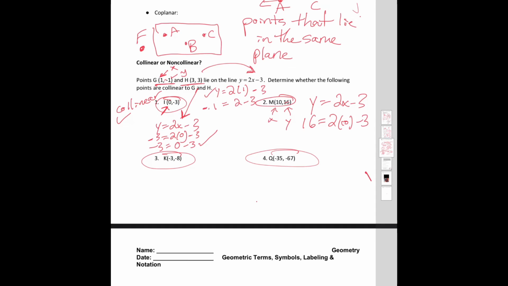So 2 times 10 is 20, minus 3... wait a second, 20 minus 3 is 17. That's not equal to 16. 16 and 17 don't work out, so this is non-collinear. Okay, so we get the point. You can pause the video here and practice the next two.